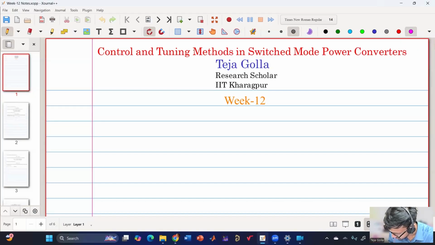Summary of this course. Sir has mentioned in multiple ways. First, he has summarized what was discussed in the course, and then he has discussed what modeling techniques we have covered, what type of controller designs we have discussed, and different types of control architecture that we have explored. All these things he has explained in detail.